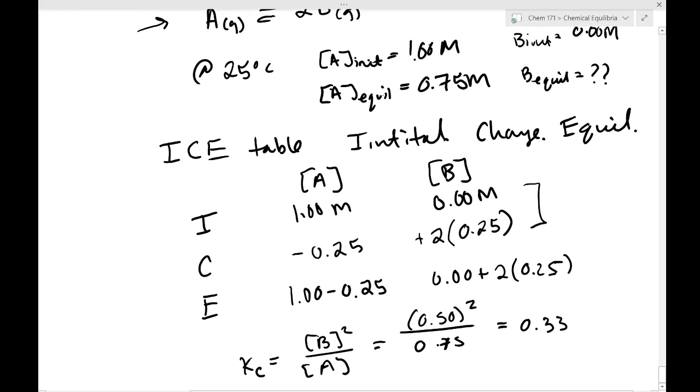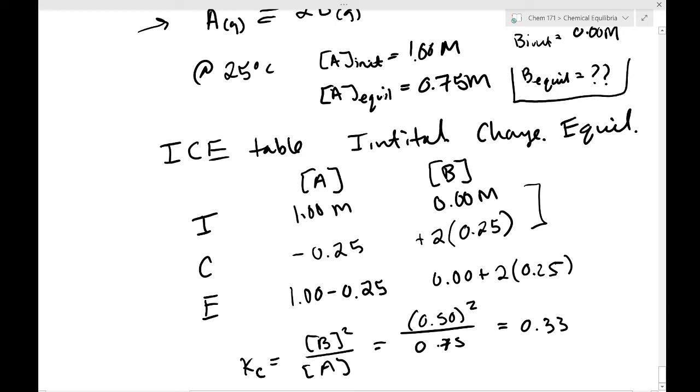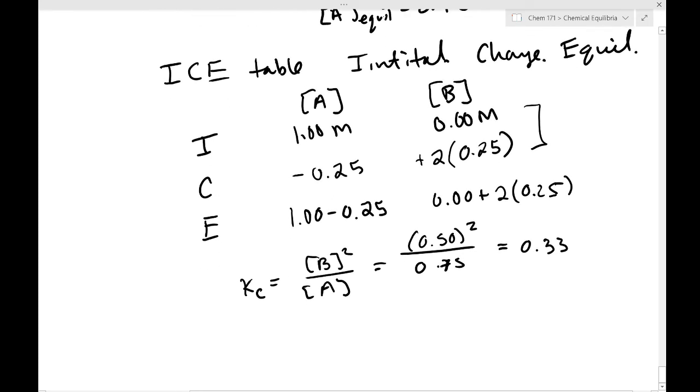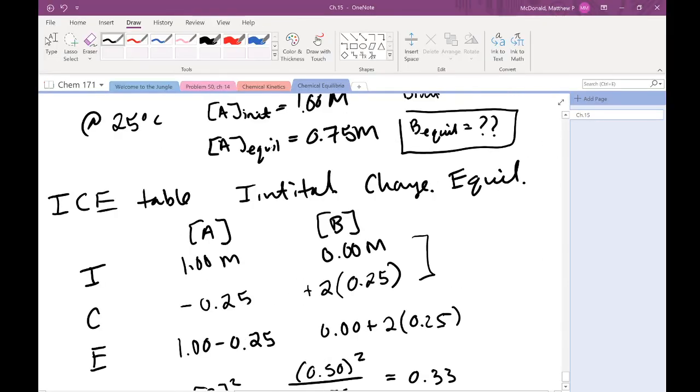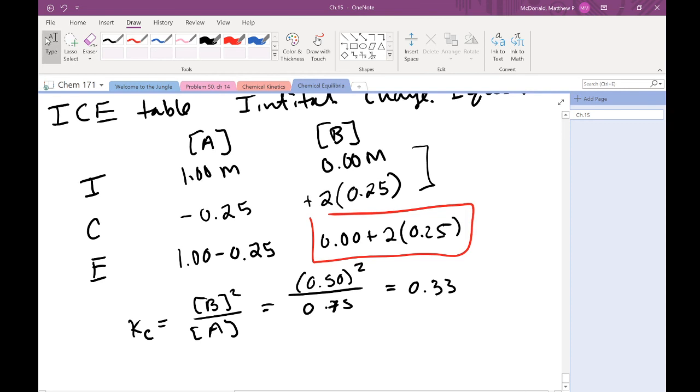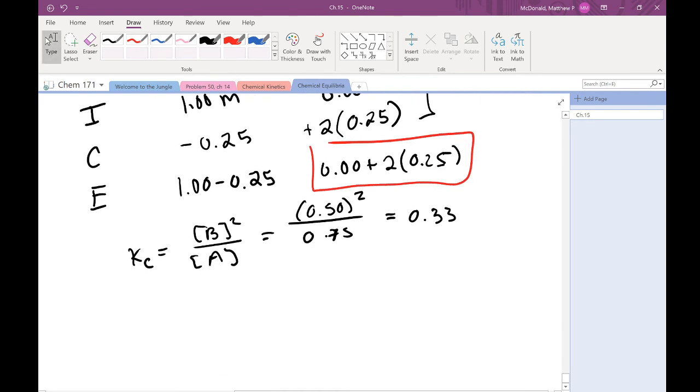Now, we were just asked what the value of B at the equilibrium was, and this gives us the value of B at equilibrium, 2 times the change in A. Okay, so B at equilibrium is given there, and it equals 0.50 molar.